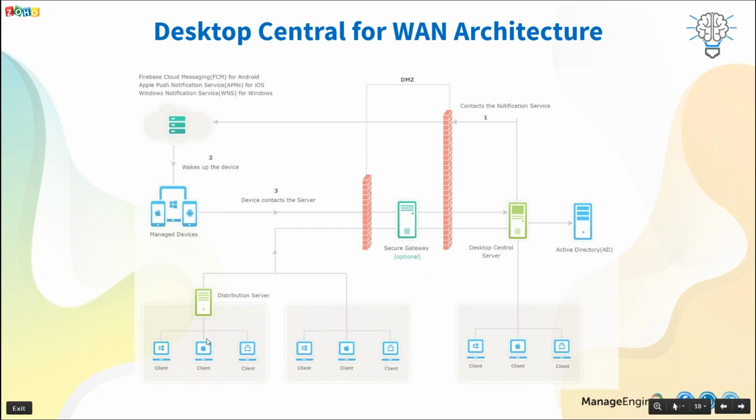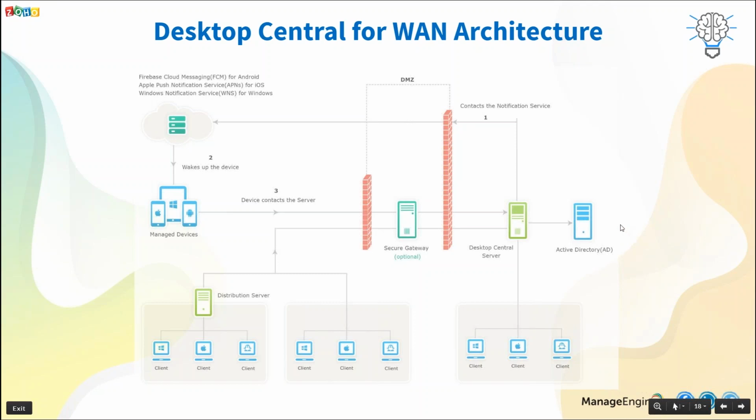We can choose to have the machines communicate either directly or along with the distribution server. You will be able to manage all your mobile devices as well using the Secure Gateway. And Desktop Central integrates with Active Directory.